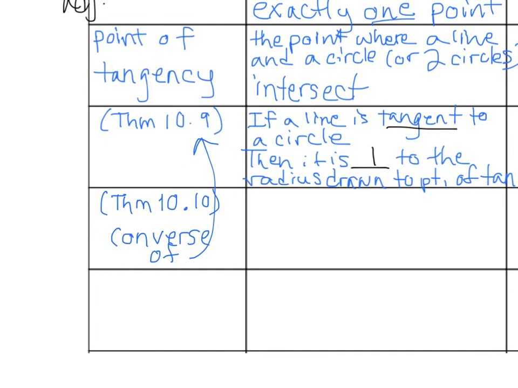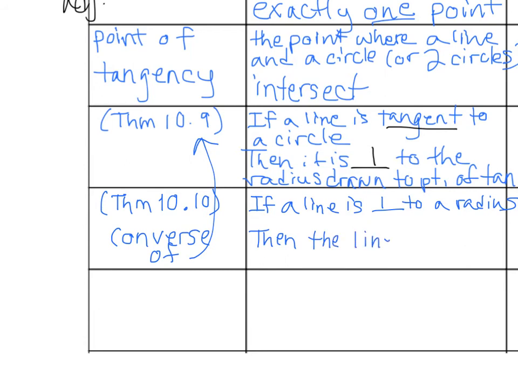So this time, what we know to begin with is that if a line is perpendicular to a radius, then the line is tangent. And that's using tangent as an adjective in that spot. Okay? Not really a picture to go along with that that's any different from the theorem 10.9 one, so we'll leave that one as is.